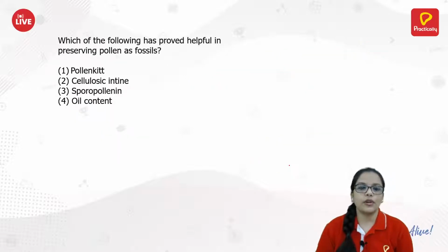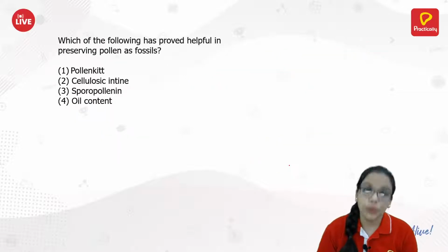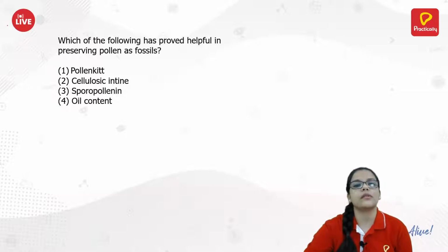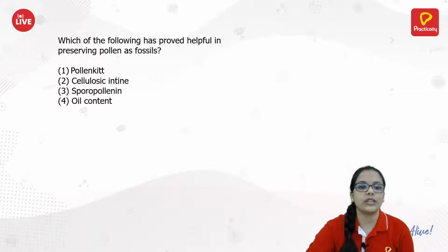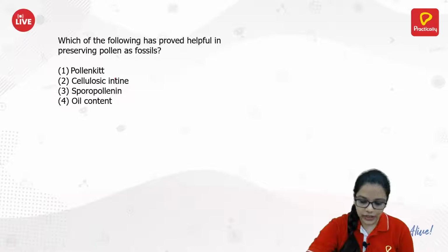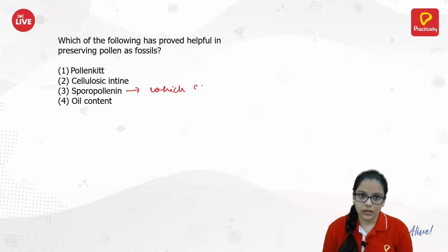Next. Which of the following has proved helpful in preserving pollen as fossils? Okay, pollen can be stored for many, many years as fossils. Okay, they have that capability. And that actually is helped by sporopollenin, which cannot be destroyed easily.